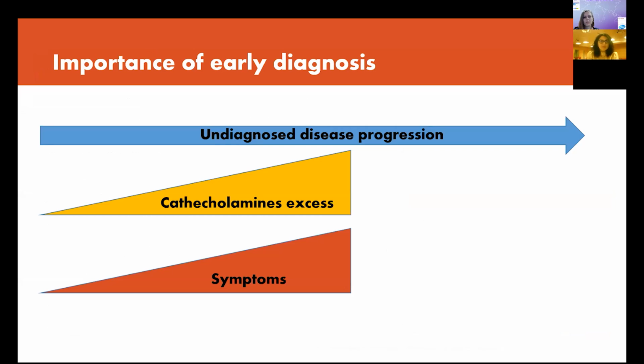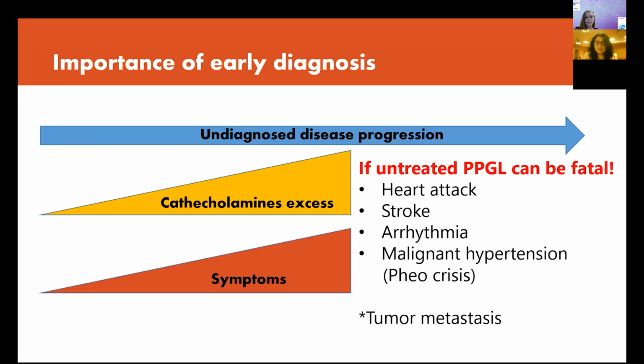I want to say that it's very important to diagnose PHEOs and paragangliomas early, especially those that are secreting, because as undiagnosed disease progresses, the catecholamine excess and symptoms also cause additional problems, and in some cases can be catastrophic.